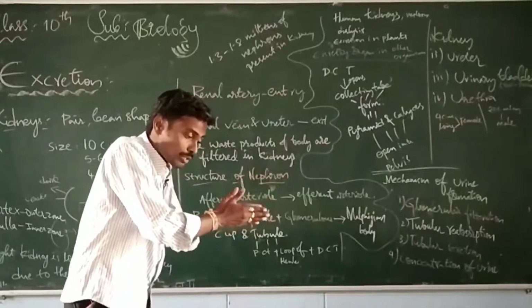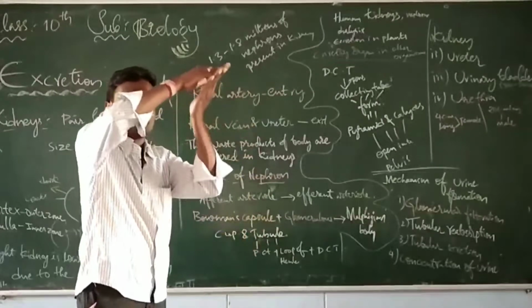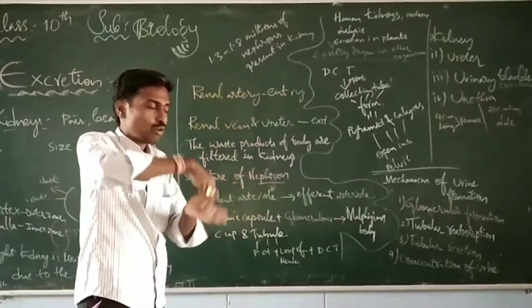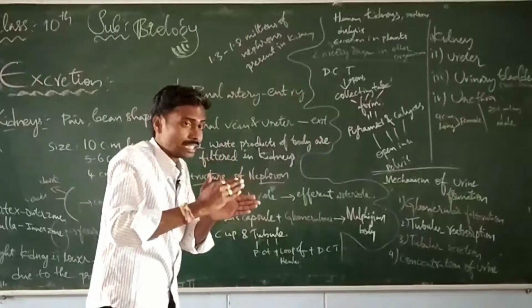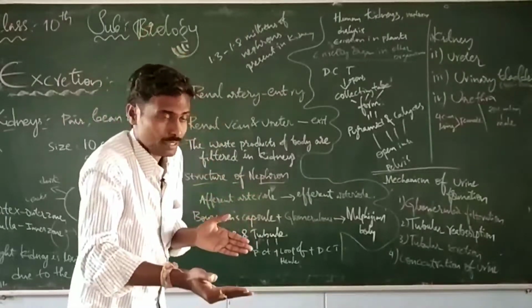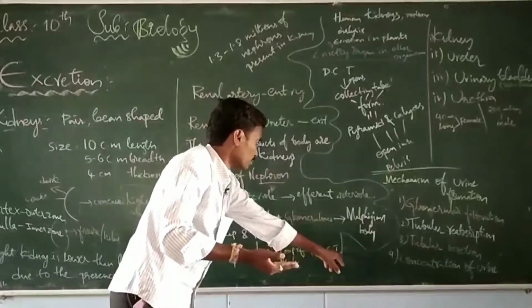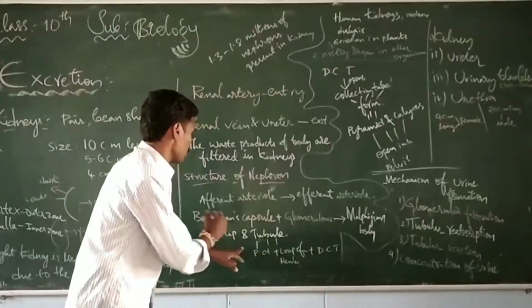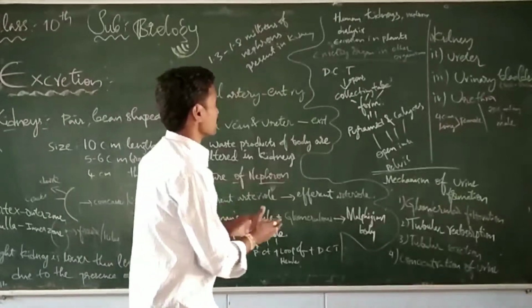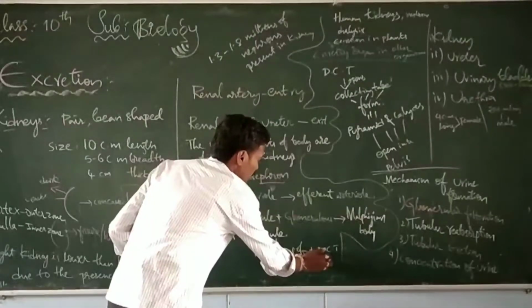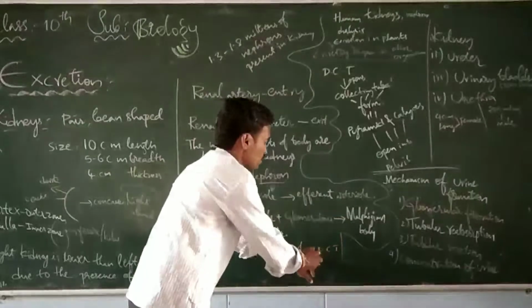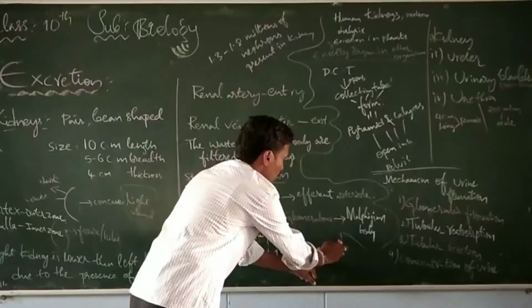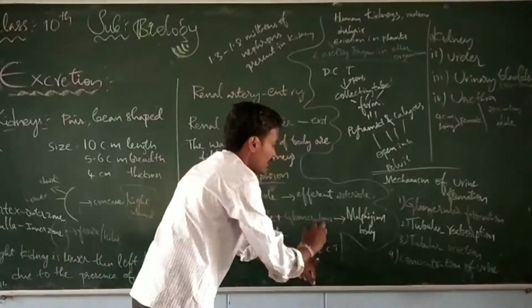Later we observe that it is in the shape of a hairpin, which is a U shape. That is called the loop of Henle. Later we observe some convolutions again, the distal convoluted tubule. This is about the structure of the tubule part. The second time we observe convolutions, that part is called the distal convoluted tubule, DCT.